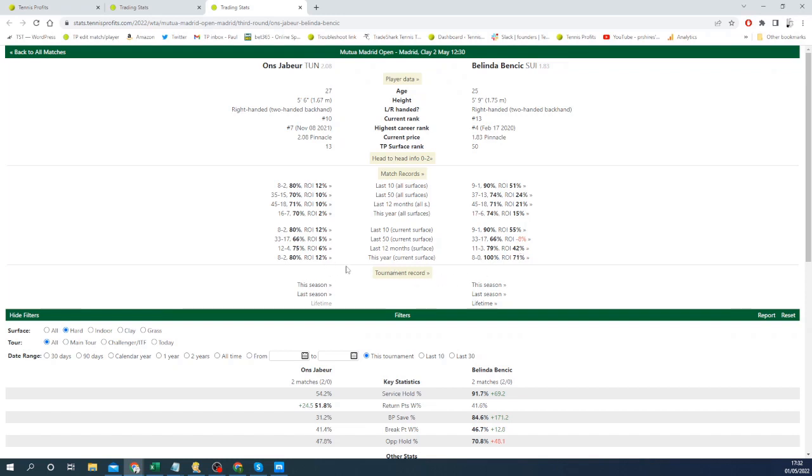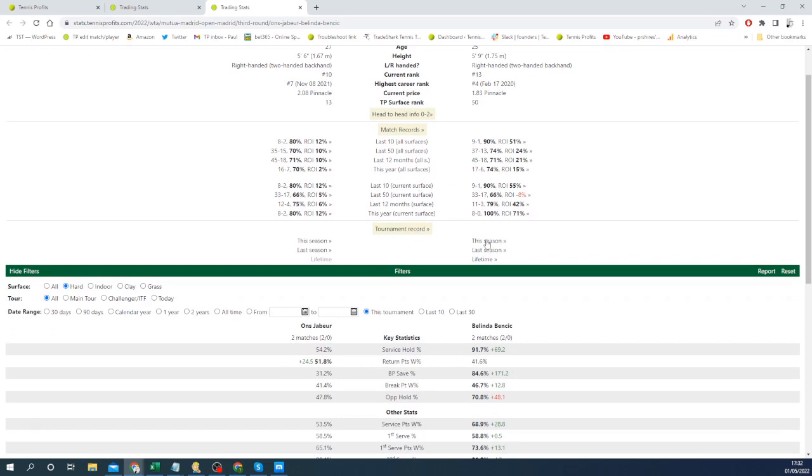And they've both done well this season. Both won 8, and Jabeur's had 2 losses. Certainly looking at that, the figures for Bencic again do seem higher. Higher ROI. The win percentage is pretty even. So having got to that point of the page, I'm favouring Bencic.